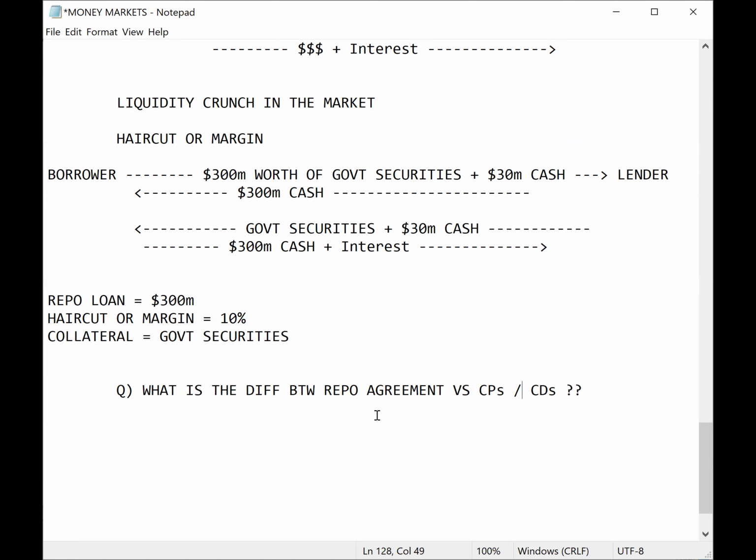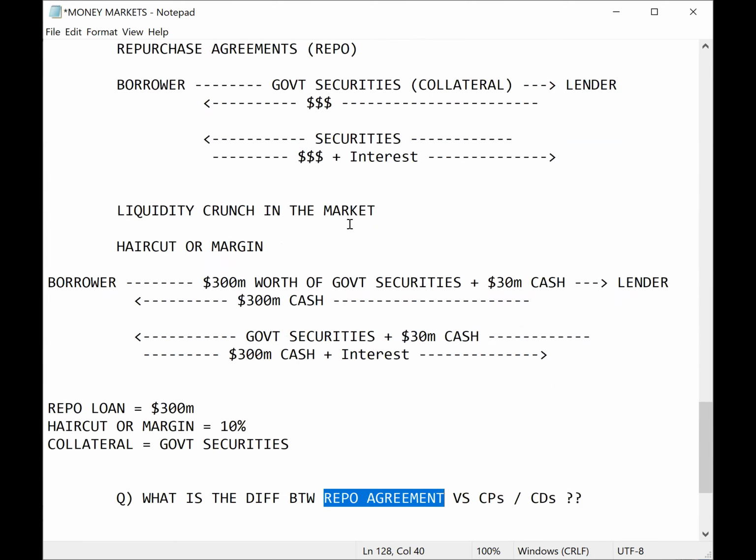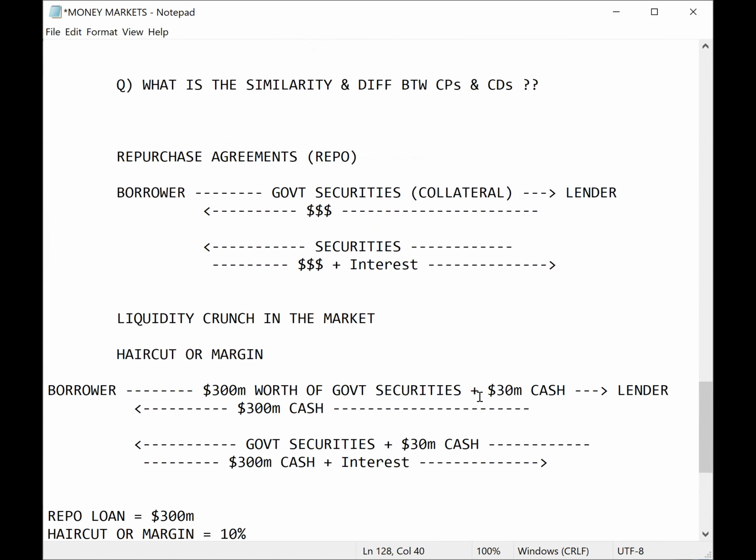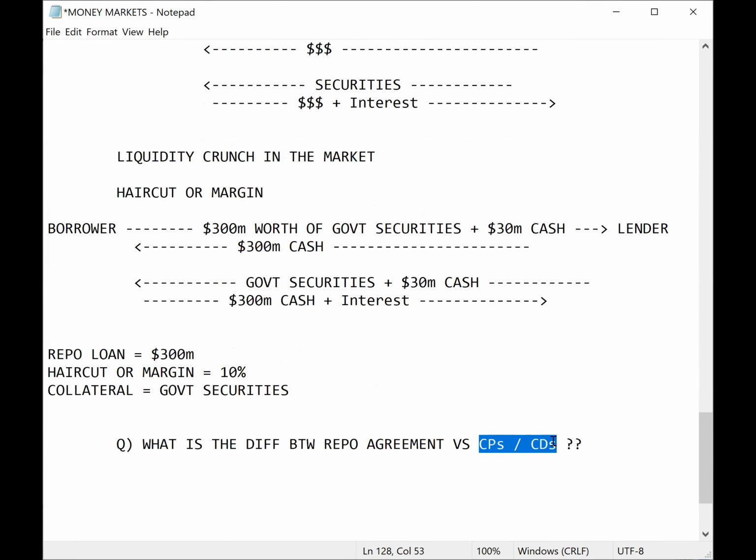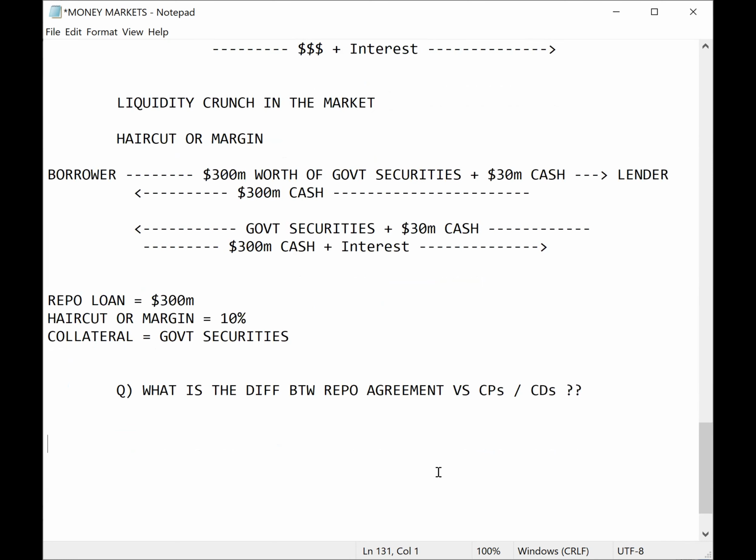Yeah, guys, the main difference is this is like a secured loan. Okay, this is a secured instrument. Here you have a collateral, whereas these are unsecured. There is no collateral. There is a concept of haircut or margin here. There is no concept of haircut or margin. Please go through this, guys. If you have any doubt, let me know.